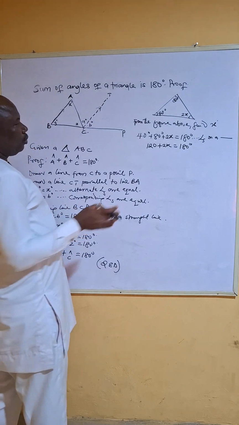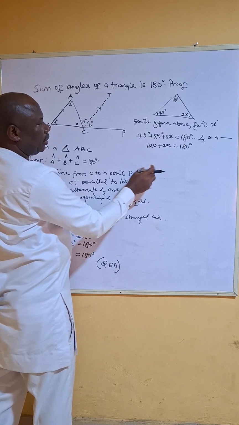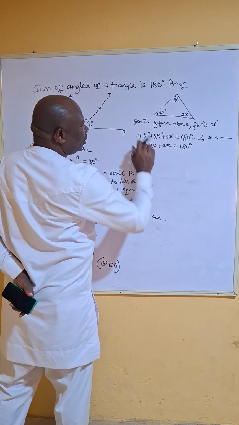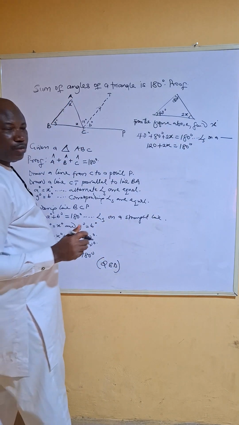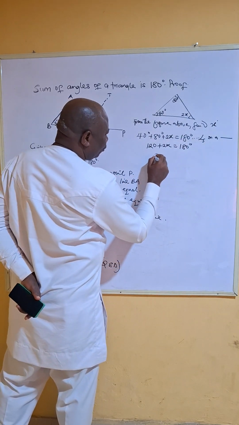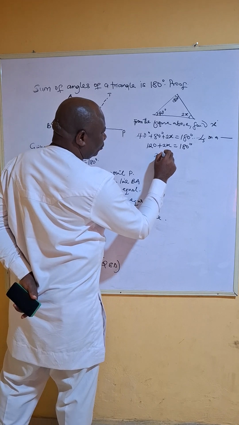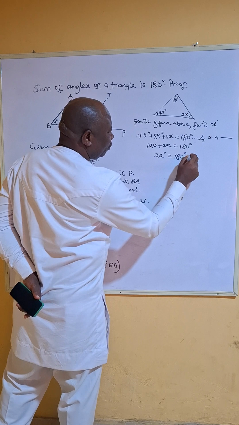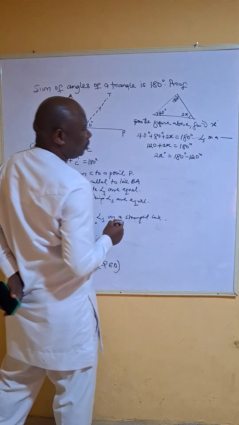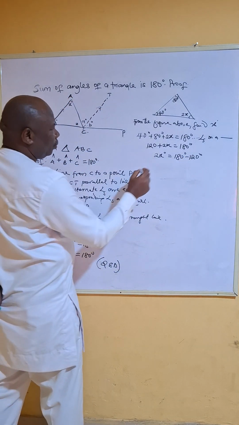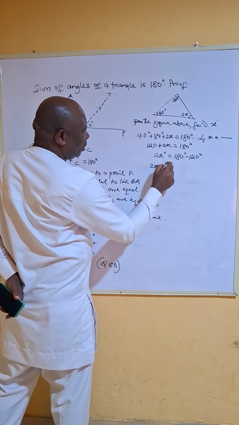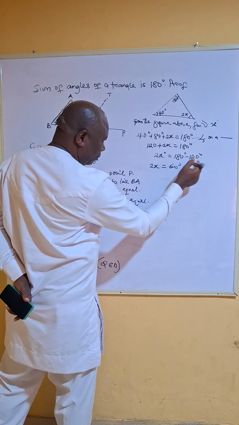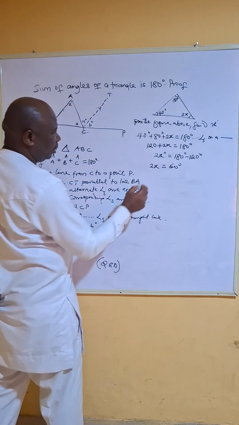The connection between 120 and 2x is plus. Therefore, when this 120 goes to the other side, it becomes minus. Therefore, we have 2x degrees is equal to 180 degrees minus 120 degrees. 2x is equal to 60 degrees. 180 minus 120 is 60.